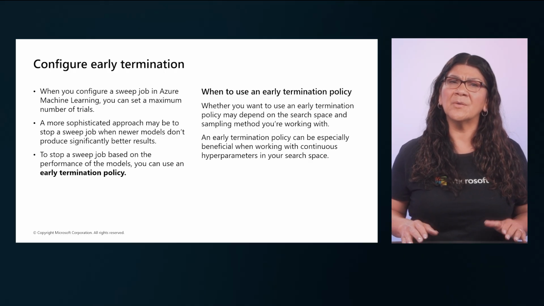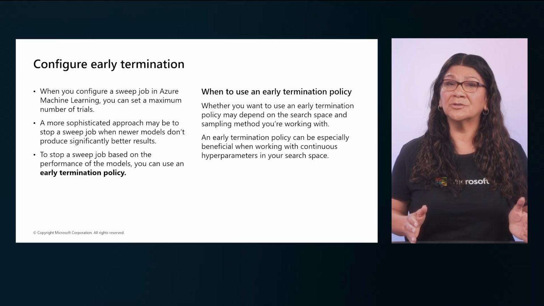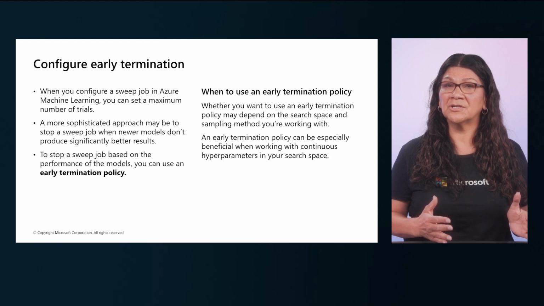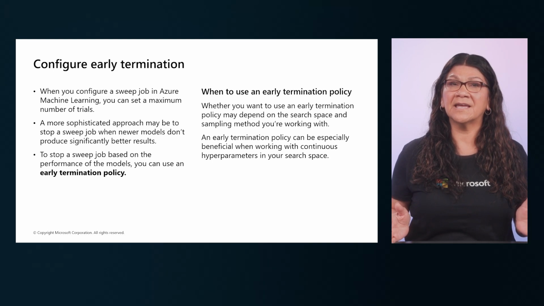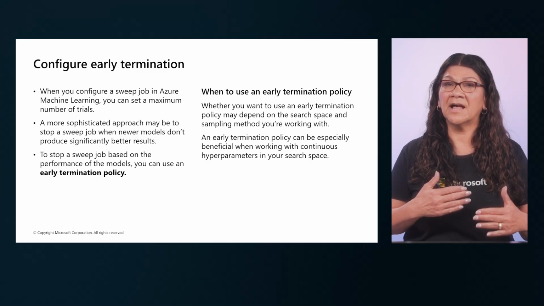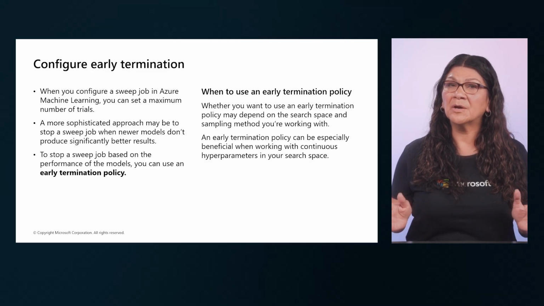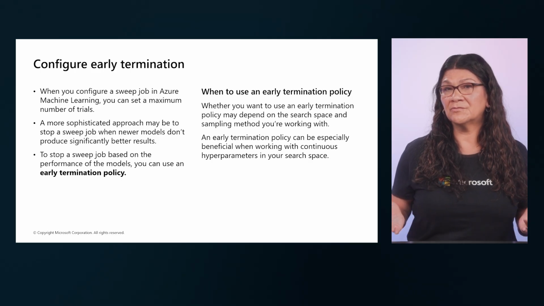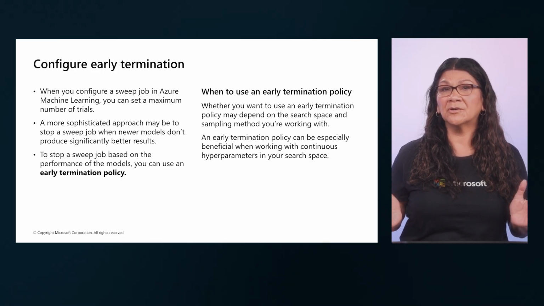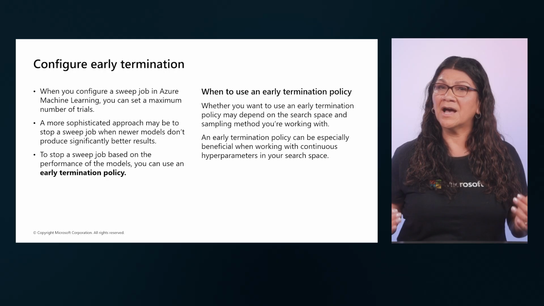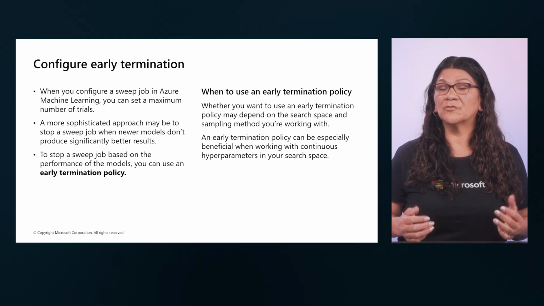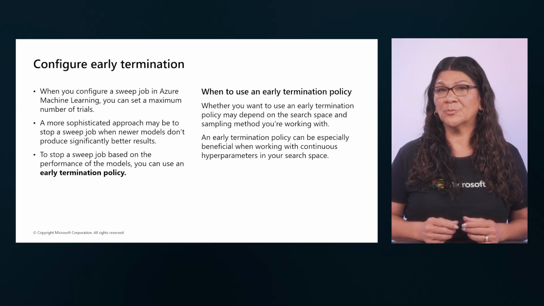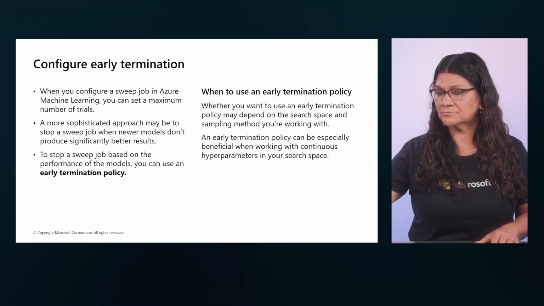For example, imagine tuning the learning rate of a fraud detection or diabetes prediction model, where the parameter can take many continuous values. As the sweep job runs, trials with configurations that produce weak early accuracy or high loss can be stopped before they finish training, freeing compute resources for better candidates.